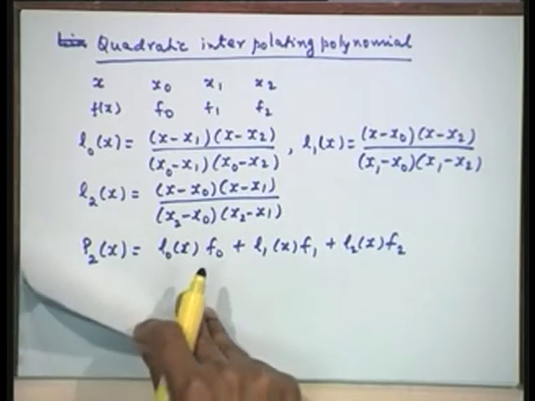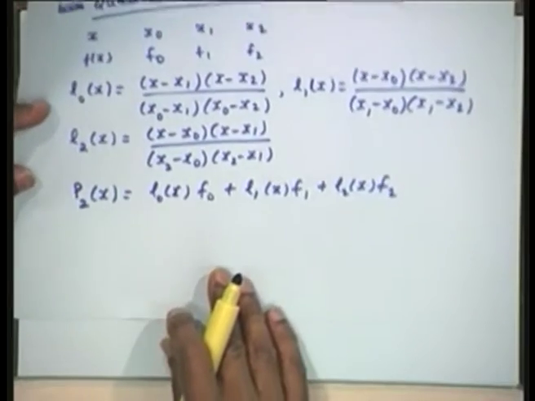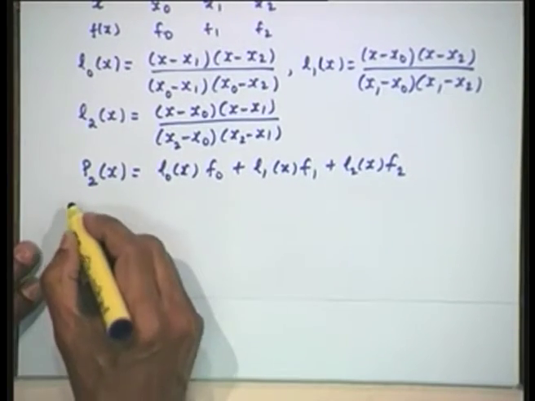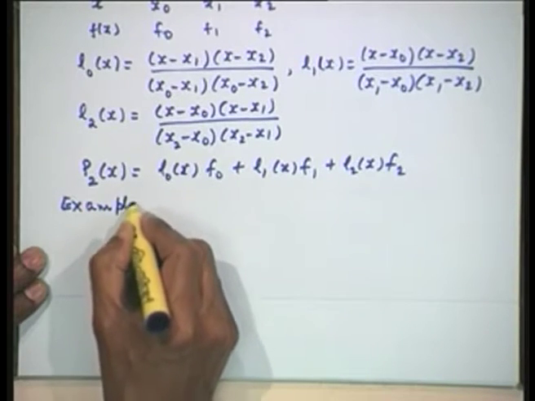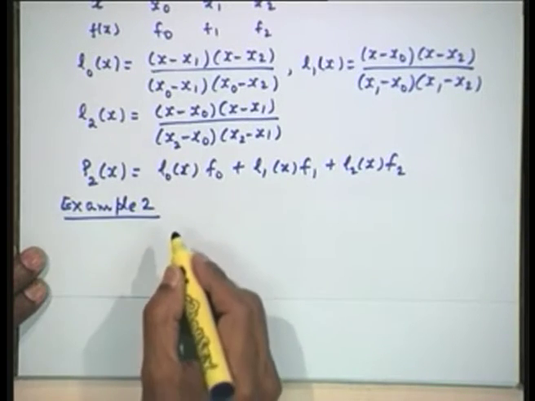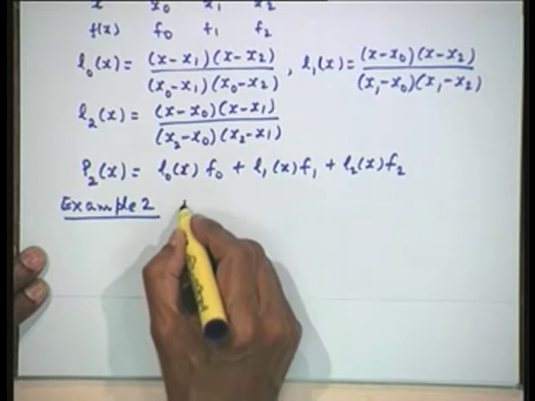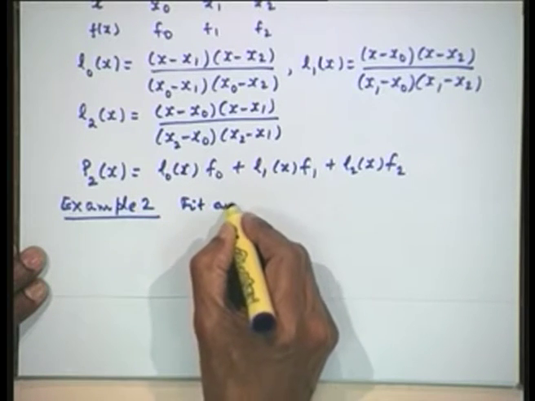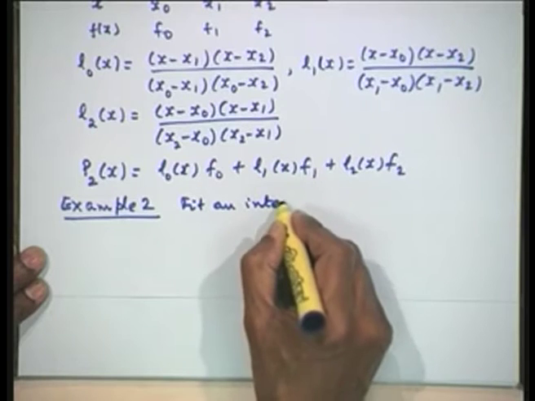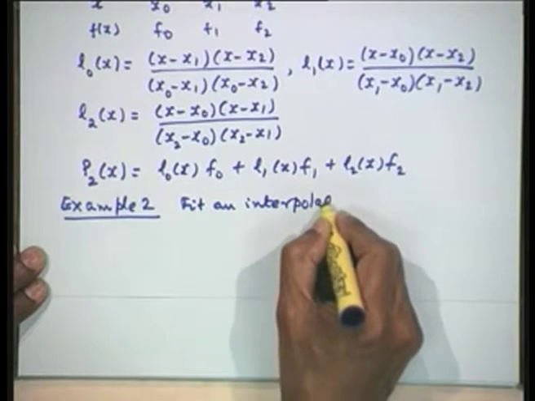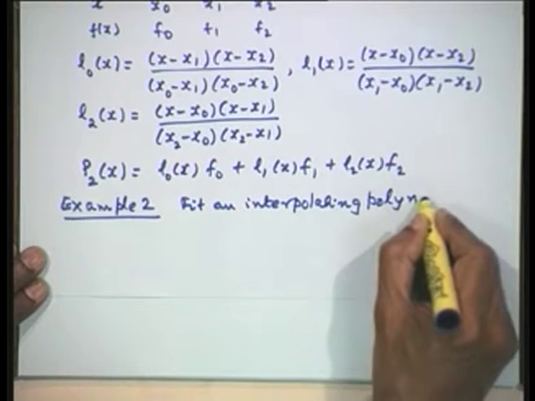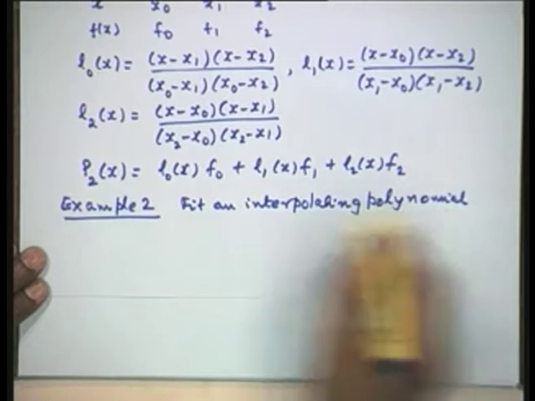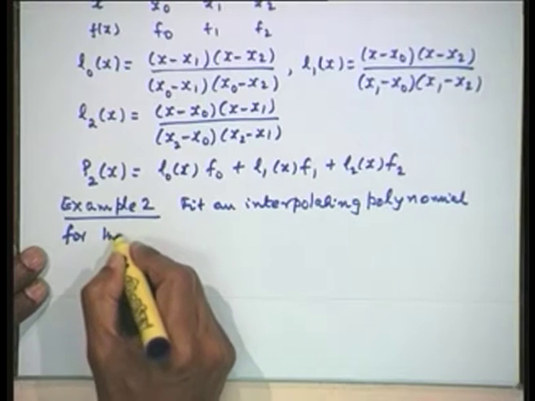Now, let us also illustrate an example for this, so that we can discuss about the error. So, let me write down the example. Now, fit an interpolating polynomial for the given data.